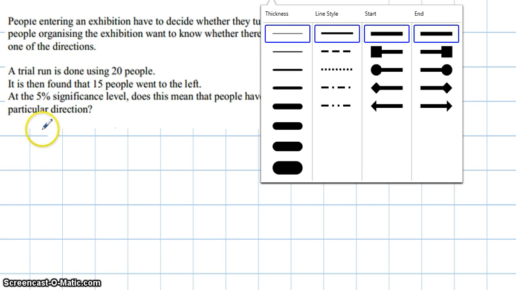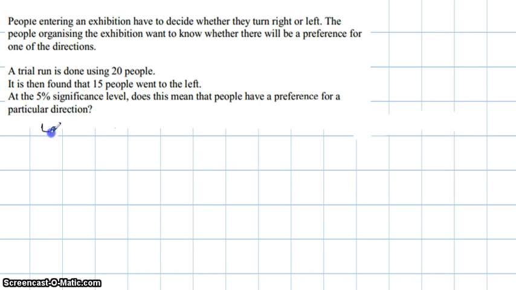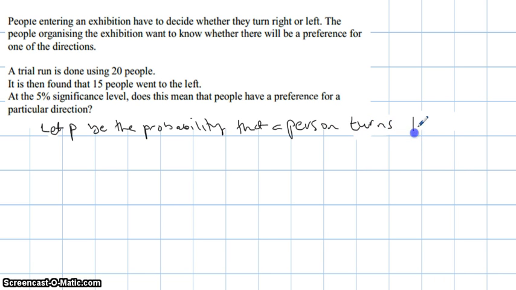First, we have to define P. Let P be the probability that a person turns left, and then we can set up our null hypothesis as P equals 0.5.